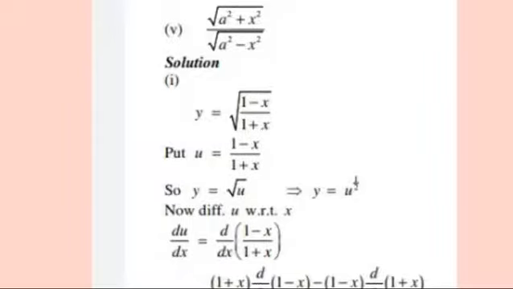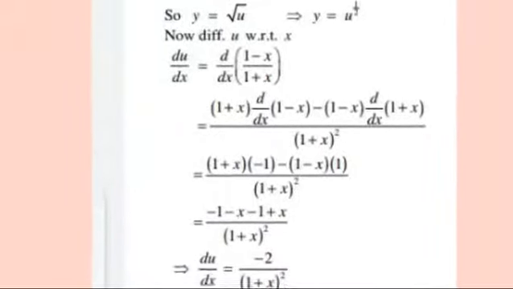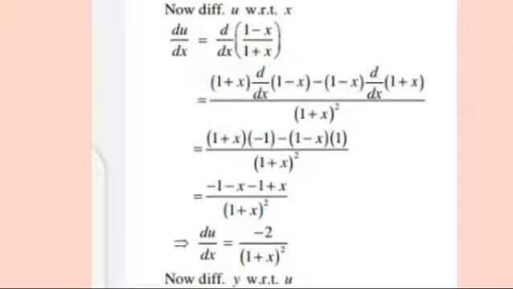use the quotient rule. So now by applying the quotient rule, the denominator term written first as it is, times the derivative of the numerator term, minus the numerator term as it is, times the derivative of the denominator term, and all these terms are divided by the square of the denominator.